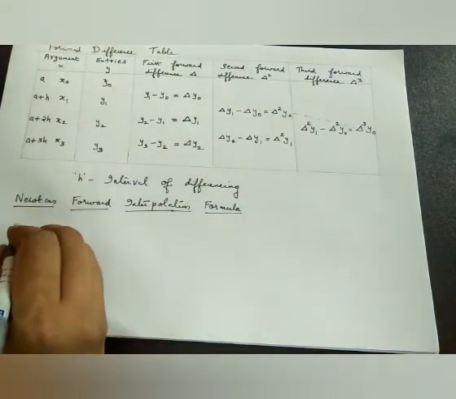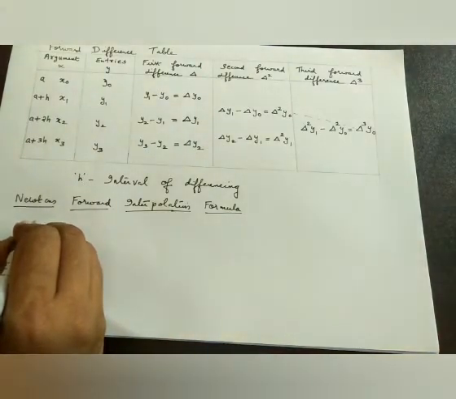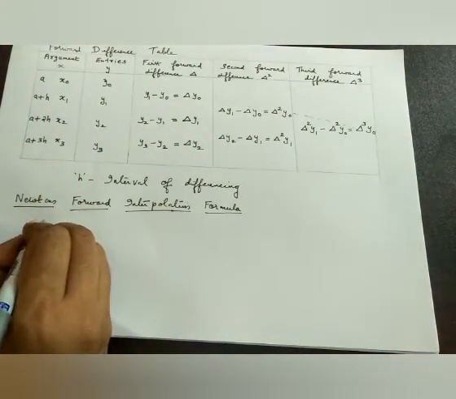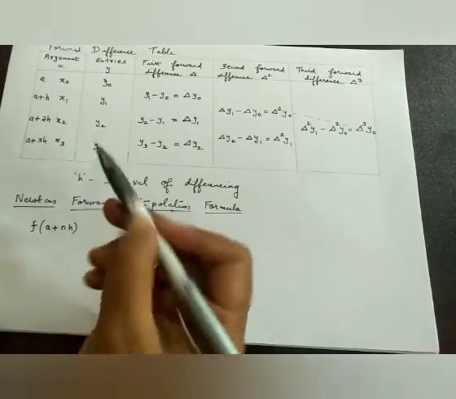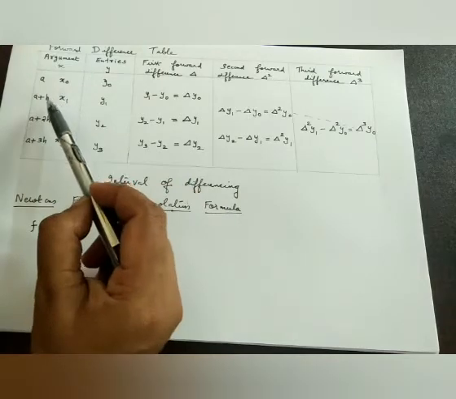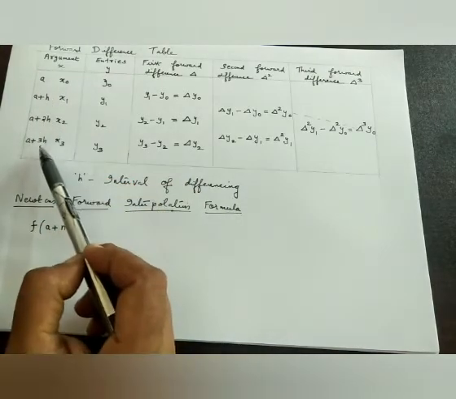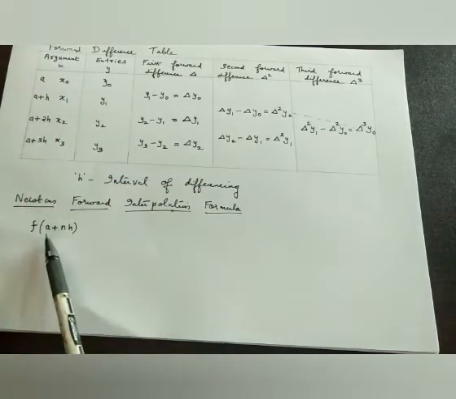Now the proof of this formula is not needed, so I am going to the formula directly, that is f of a plus nh. Here by going through a plus h, a plus 2h, a plus 3h, we can move to the nth term, which will be a plus nh.